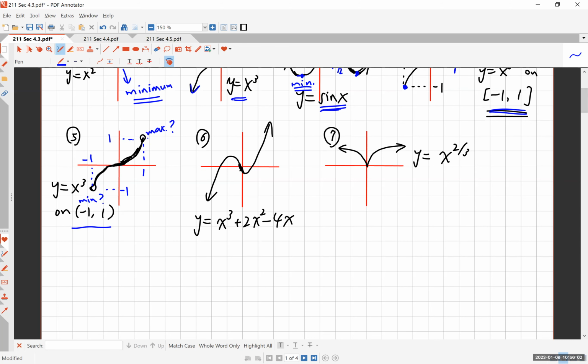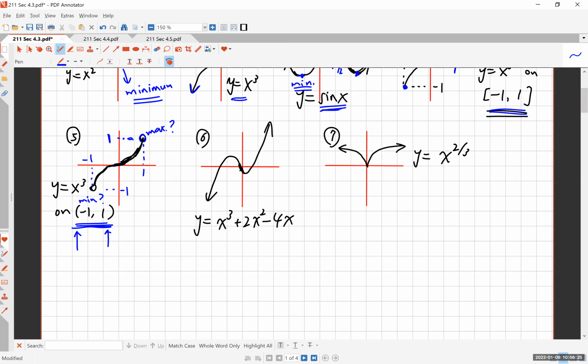But look, I think you should have a hard time saying that the maximum value is 1, because there is no point in this open interval. Remember, the endpoints are not included. In this open interval, the value of the function is never equal to 1. Now, it gets very, very close to 1, but it'll never get to it, right?